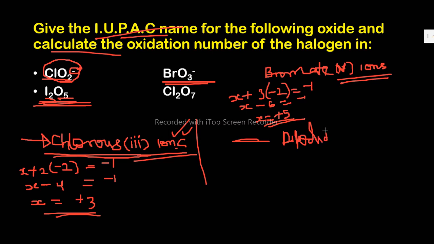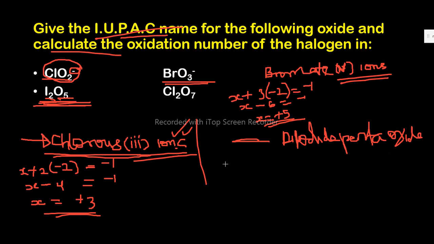Nobody named this correctly. All of you are saying iodate, iodate, iodate. This is diiodine. How many oxygens? There are 5. Pentaoxide. As simple as that. Diiodine pentaoxide.